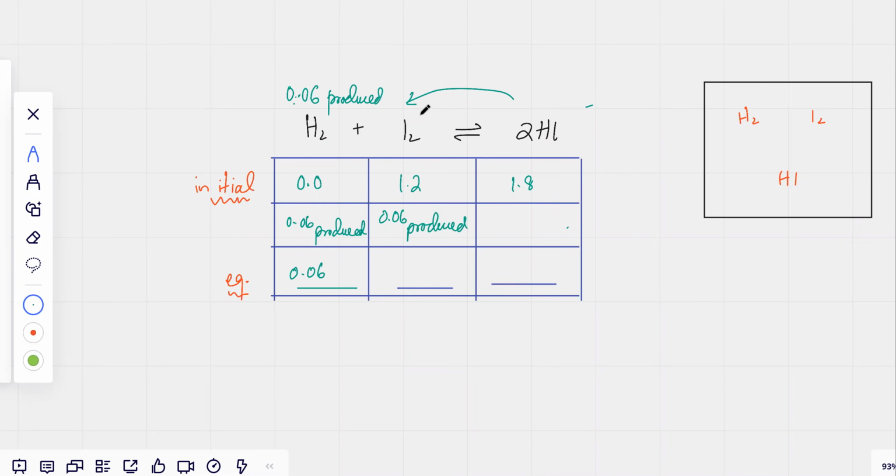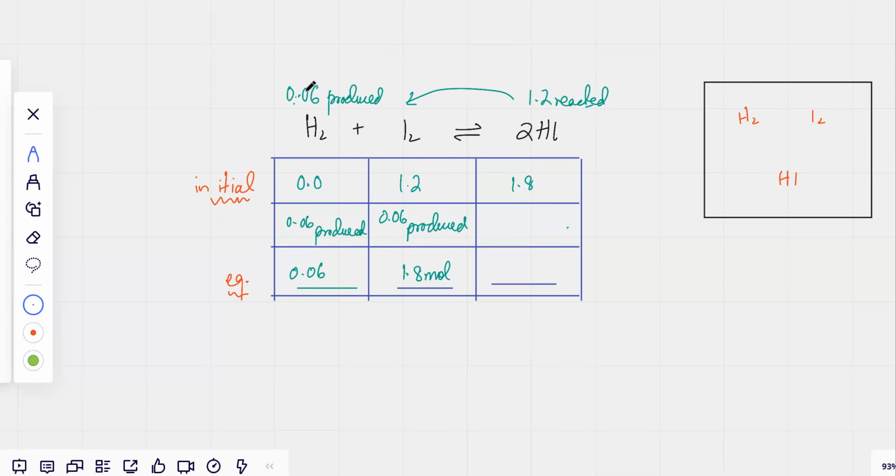So the quantity of I2 would also increase. You start off with 1.2, now there's an extra 0.06, so at equilibrium you're going to have 1.8 moles, right? Okay, is this clear? Yes. And if 0.06 moles are getting produced, it's 1:2. That means 1.2 over here must have reacted.